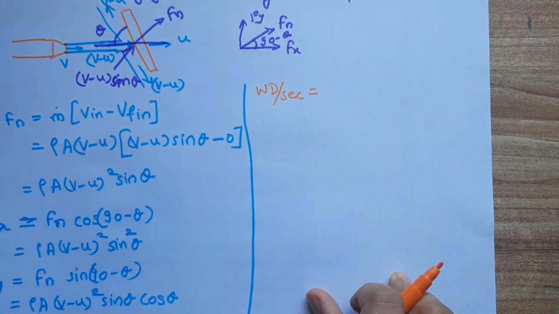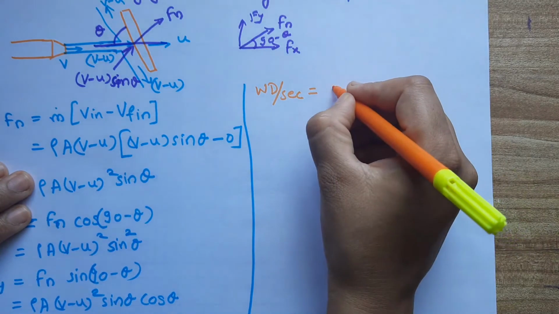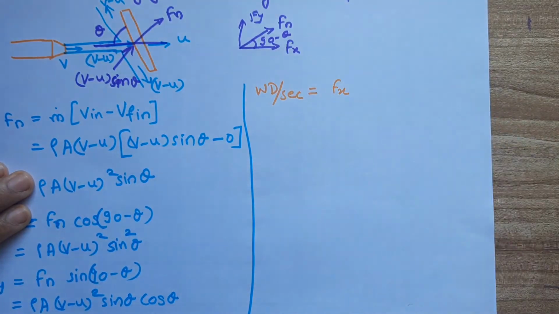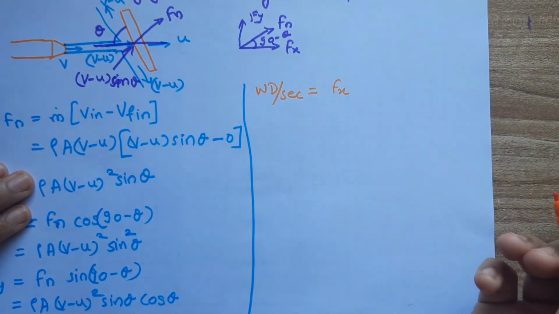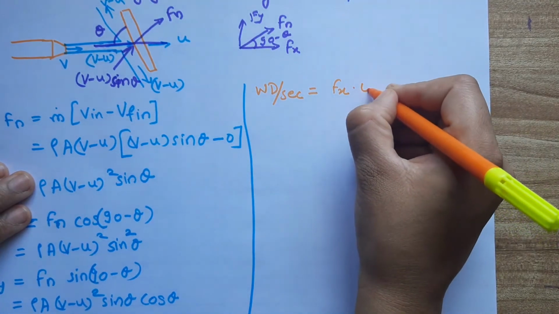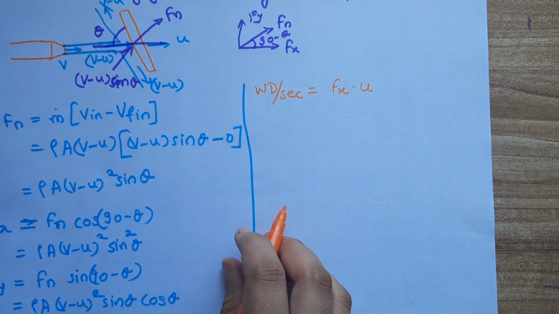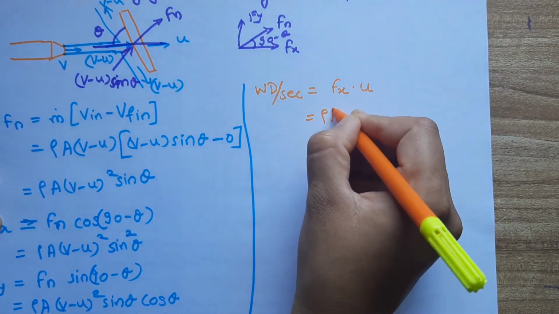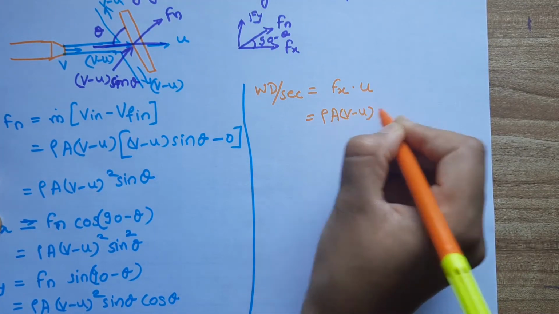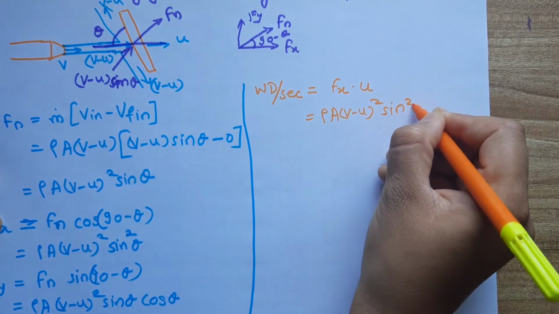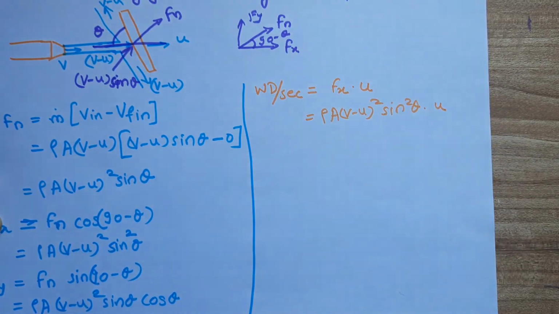In the previous lecture we have seen that work done per second is the force which is responsible for the work done, that is Fx, into the velocity of the plate. Now what is our Fx? Our Fx is rho a (v minus u) square sine square theta into u. So this is what will be the work done per second when the plate is inclined.